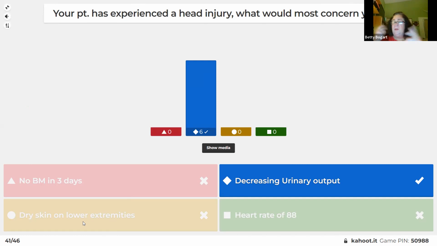It has to do with that communication and urinary output. So decreasing urine output. And we know that if we see that, we're going to do vital signs and neurochecks. We want to see, are those pupils still okay? And if we're seeing that it's due to pressure, what are we going to do? We're going to give some mannitol.